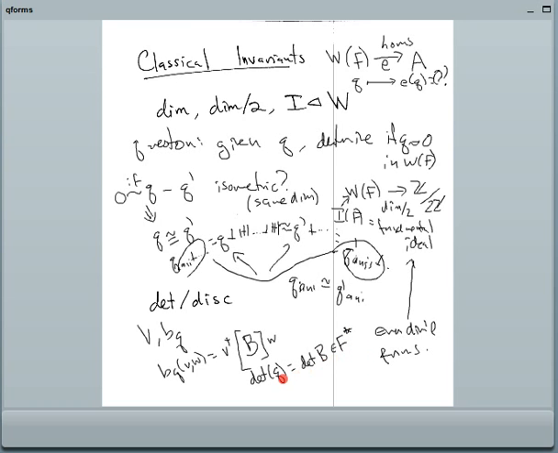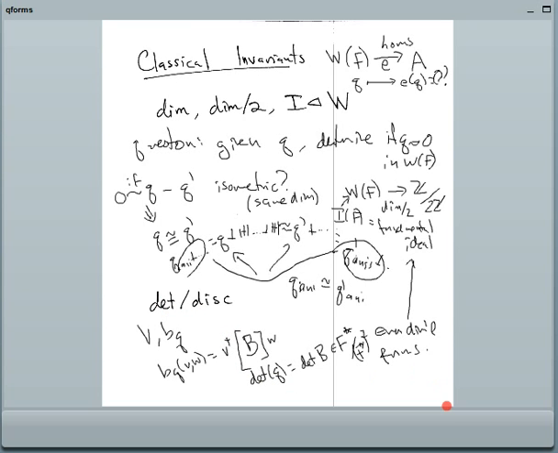But it's not a well-defined function on equivalence classes, but it is well-defined if you look modulo squares. If you change coordinates, this determinant might change, but it will always change by a square.